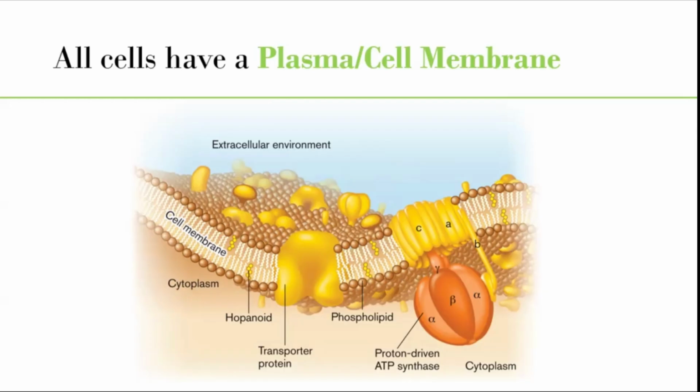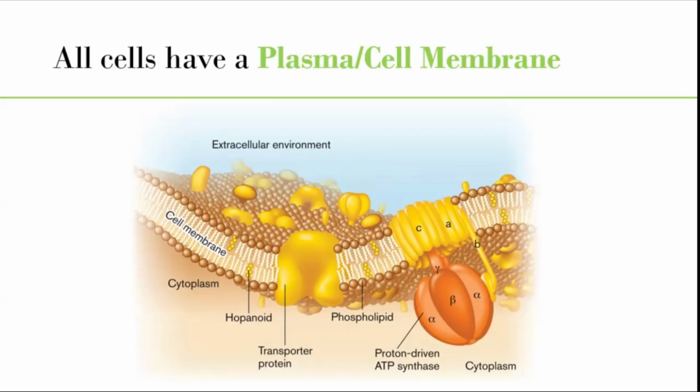So as a result, they naturally form this bilayer where the hydrophobic tails face each other and are protected from the aqueous external environment and the aqueous cytoplasm by the polar heads that like to interact with water. So this is a natural formation that the cell membrane will take automatically in an aqueous environment.